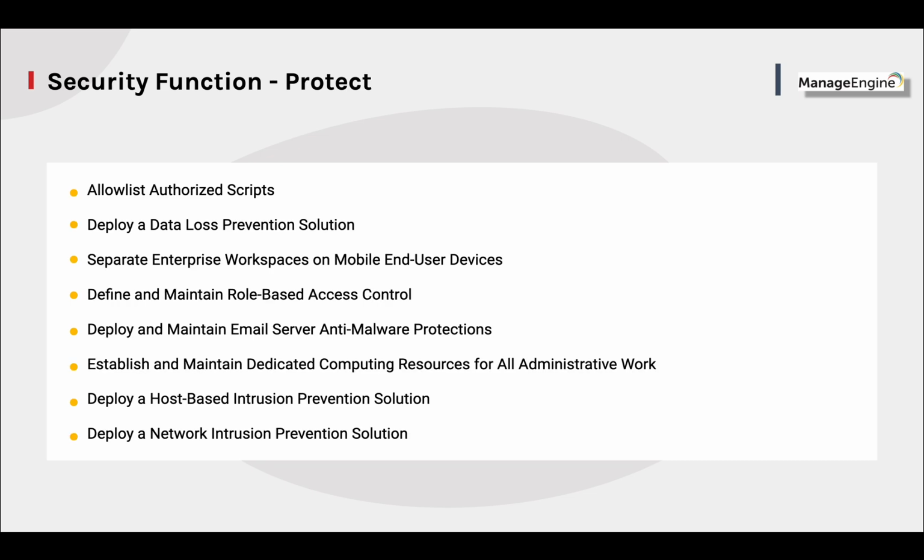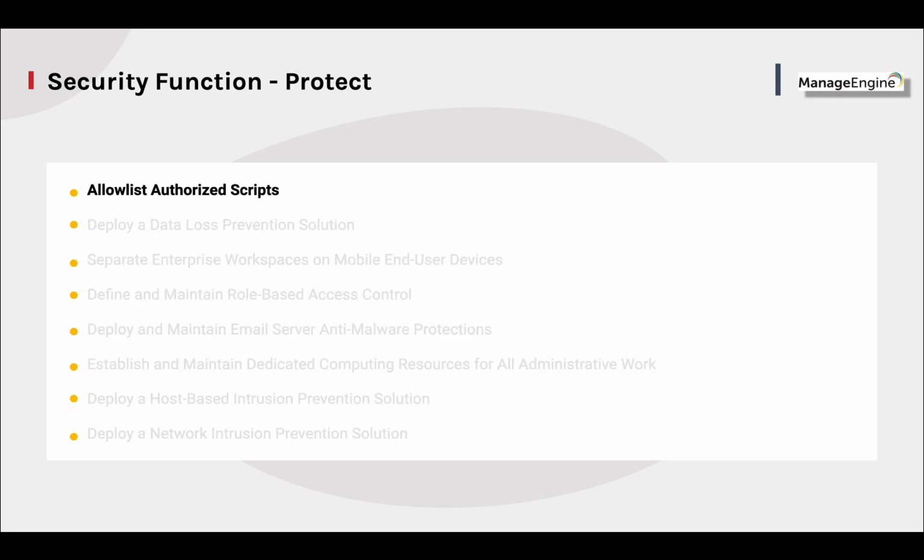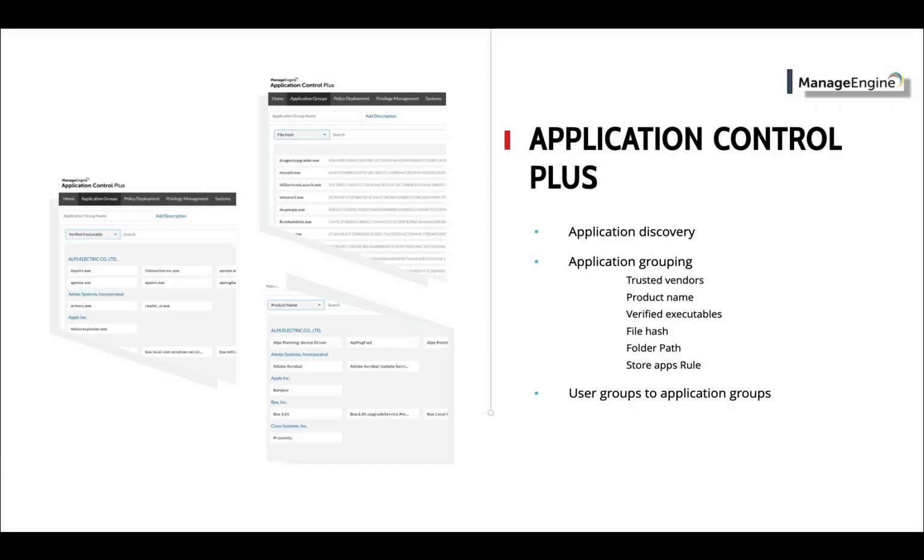So let's move on. Security function: protect. Allow list authorized scripts. Through Application Control Plus, the ManageEngine Desktop Central security add-on, you can whitelist applications not just by vendors or product names. You can also whitelist applications using verified executables and file hash. File hash is the most secure policy as it's based on the hash value of the executable file.